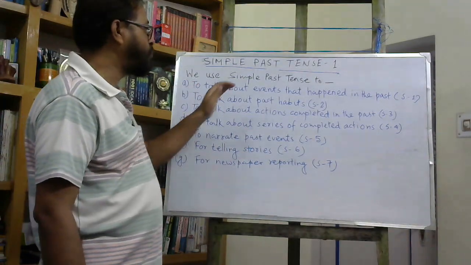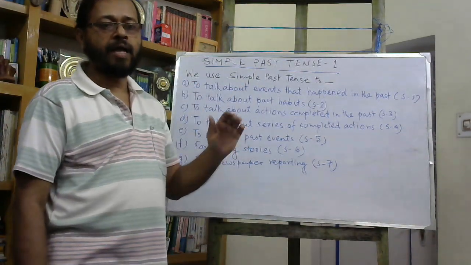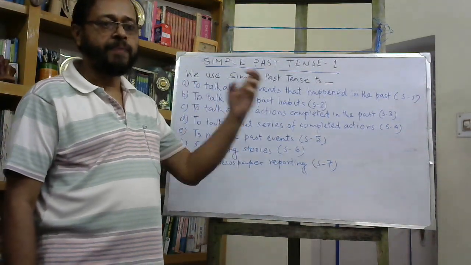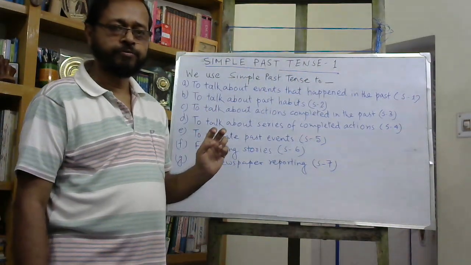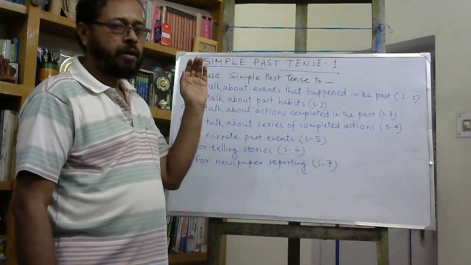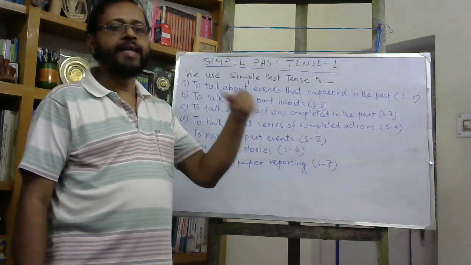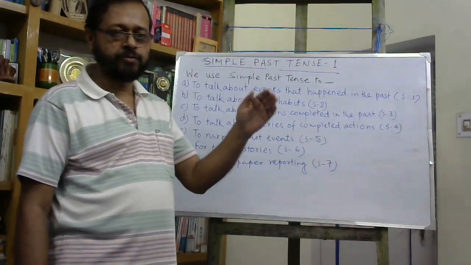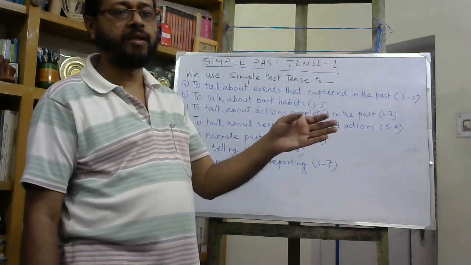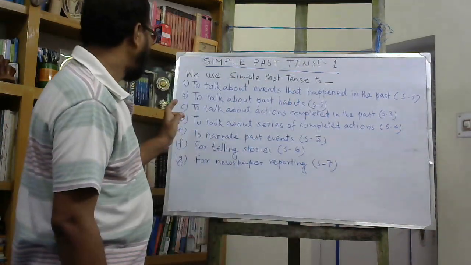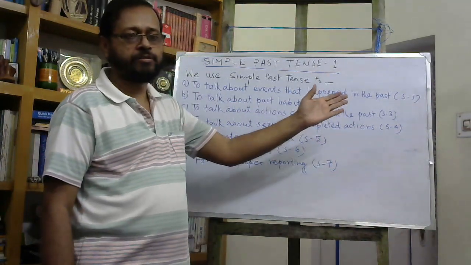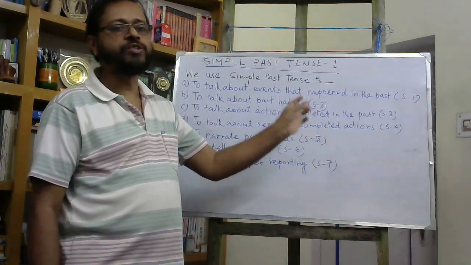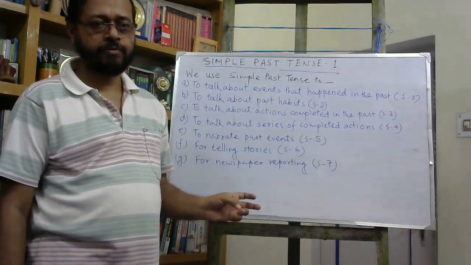Then to talk about past habits, I always bathed in the river when I lived in the village, or the boy often played in the park when he was a child. To talk about actions completed in the past, my sister cooked dinner last night.